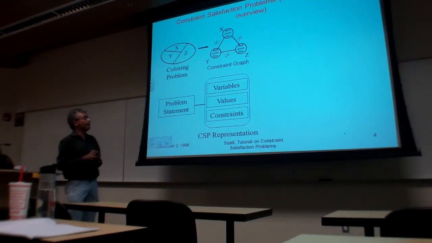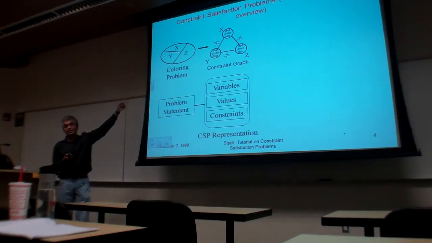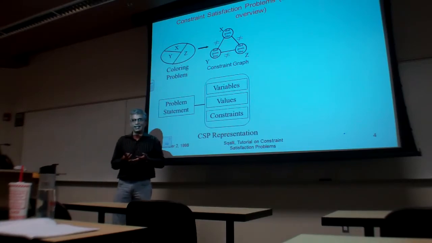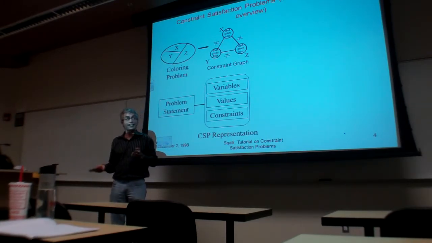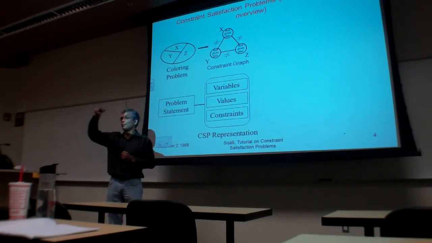Okay. So in this particular problem, of course, all the constraints are binary constraints, right? And because of which, the graph is a real graph. If you have ternary constraints or k-ary constraints, then you will have hypergraphs. The variables will be the vertices, edges would be hyperedges.